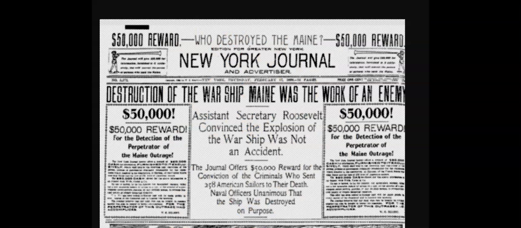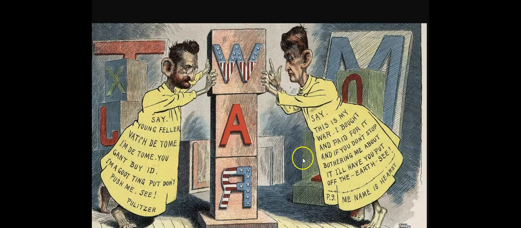So the New York Journal was one, and the New York World. This is a cartoon of the time. This fellow here, people would have recognized right away as Joseph Pulitzer, the publisher of the New York World.